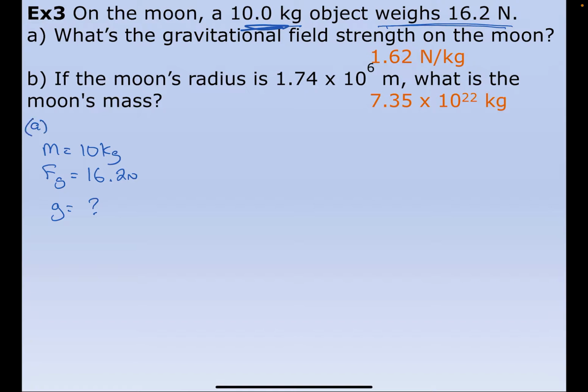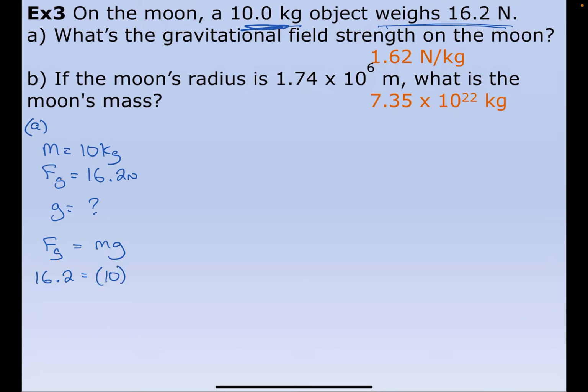Okay, so this is for part A. A couple different ways we could do this question, but if I'm given the choice, I like the easiest way. The easiest equation is this one. If I'm asked something to do with weight, Fg, something like that, I like this one if I have the choice. What's the gravitational field strength? Oh yeah, the object here. I lost my train of thought when I was talking.